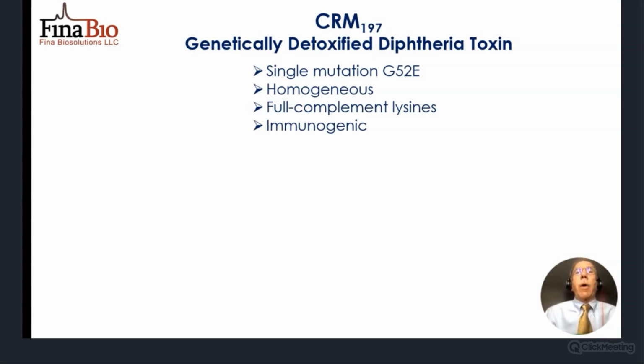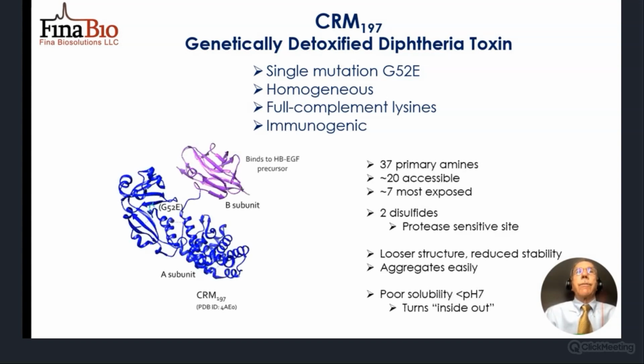It's one of the most widely used carrier proteins in conjugate vaccines. The protein has about 20 most accessible lysines. The detoxification causes the structure to be somewhat looser, and it has a tendency to aggregate easily.